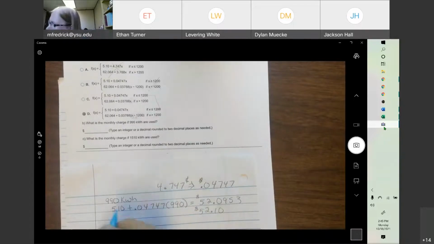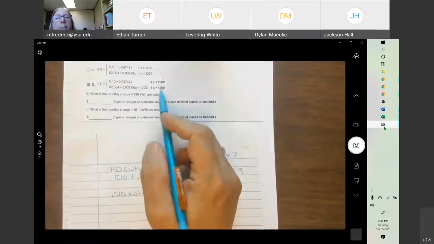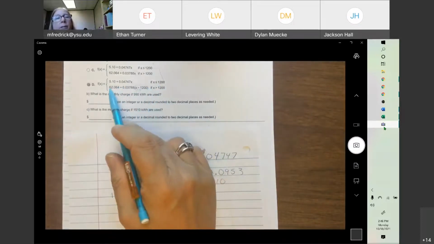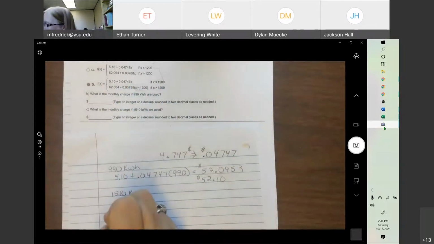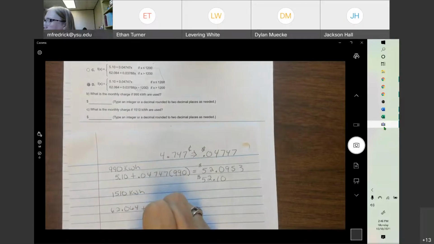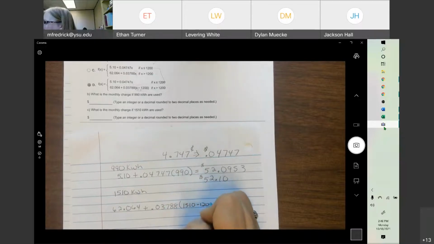The other one, 1,510 kilowatt hours, that's over 1,200. So we would use this formula. $62.064 plus 0.03788 times 1510 minus 1,200.